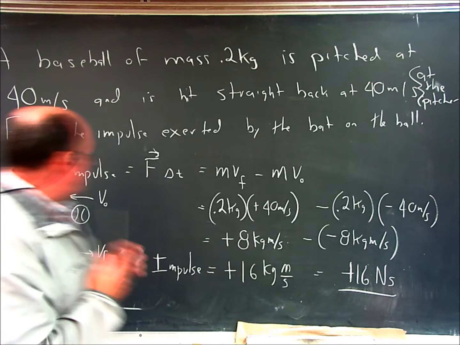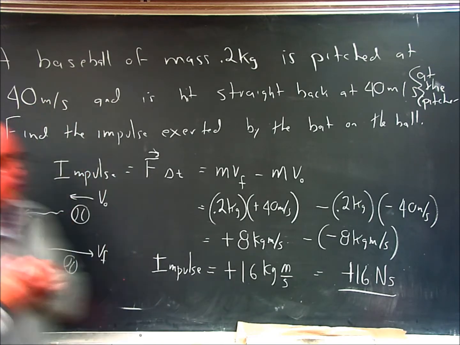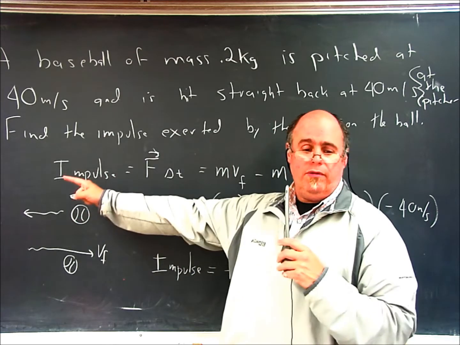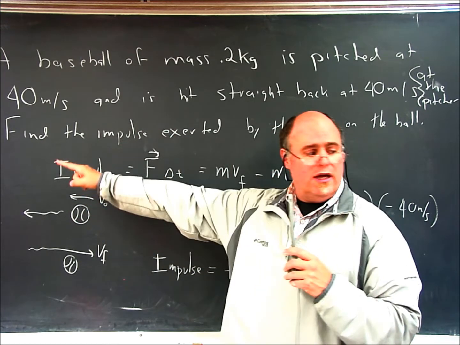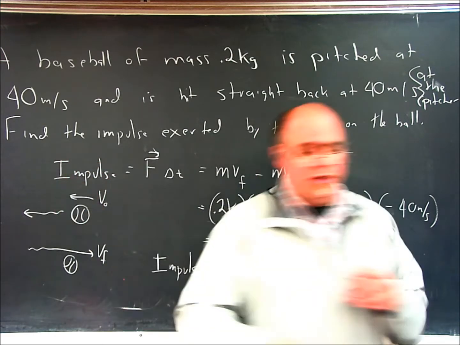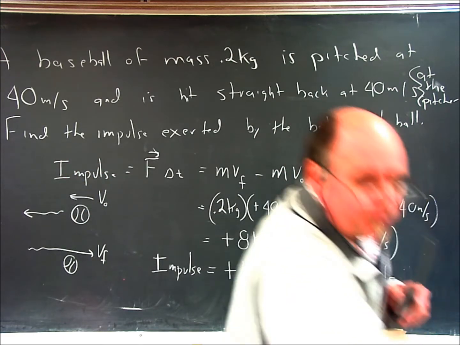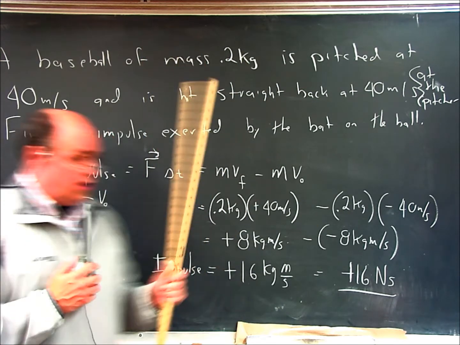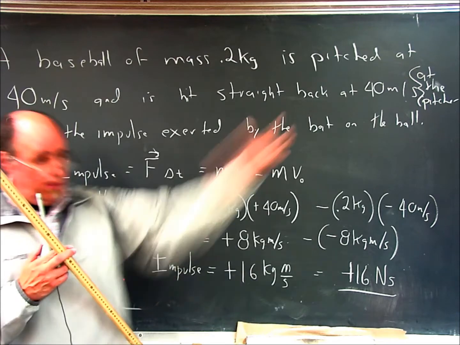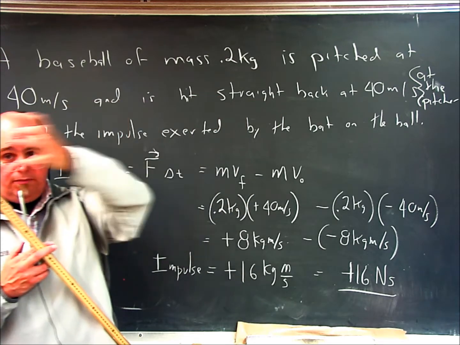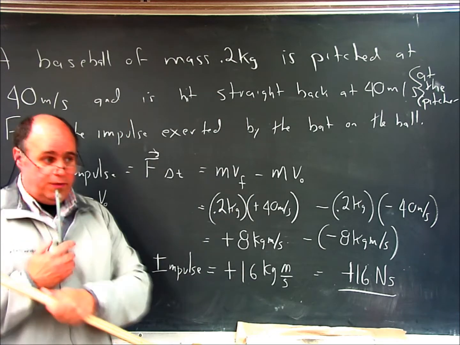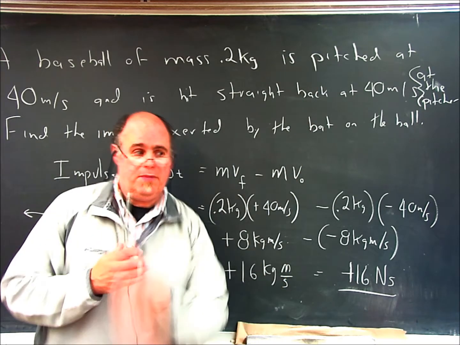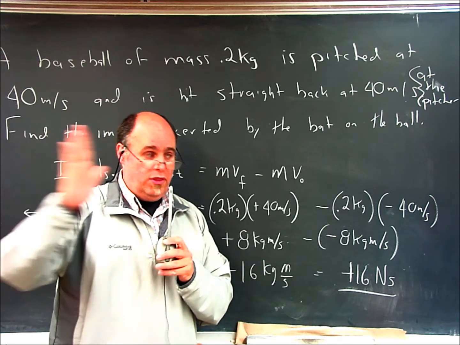The way I've drawn the picture, I said the original baseball was being thrown this way. So that must mean someone's standing over on this side holding a bat. Here I am holding a bat, which is a meter stick. If somebody was tossing the ball and the ball is coming this way at me, I would take the bat and try to hit the ball, pushing the ball this way.